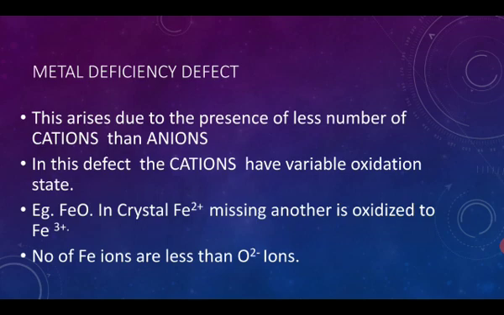In this crystal, the oxidation state of Fe is 2+ and 3+, that is, it has two variable oxidation states. In this crystal, Fe2+ is missing, another is oxidized to Fe3+ to compensate. So number of Fe ions are less than O2- ions.